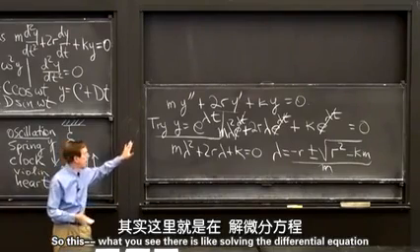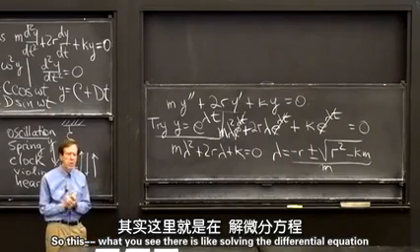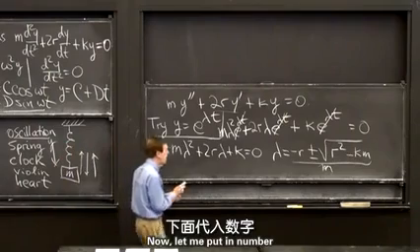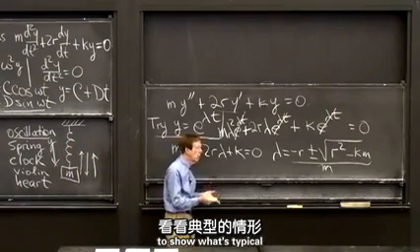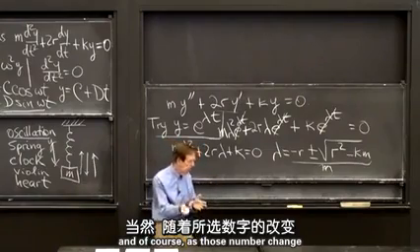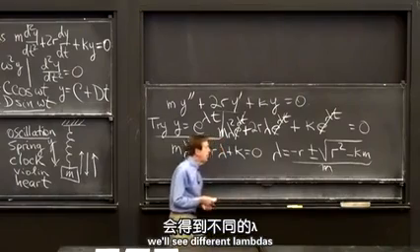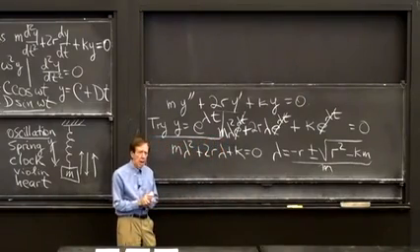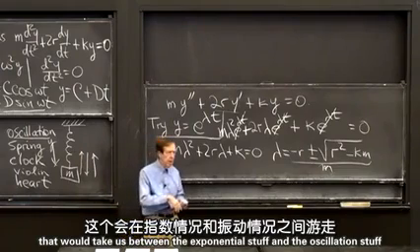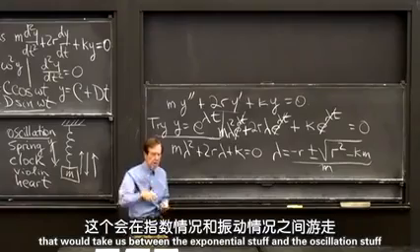What you see there is like solving the differential equation. Not too bad. Now let me put in numbers to show what's typical. Of course, as those numbers change, we'll see different lambdas, and that'll take us between the exponential stuff and the oscillating stuff.